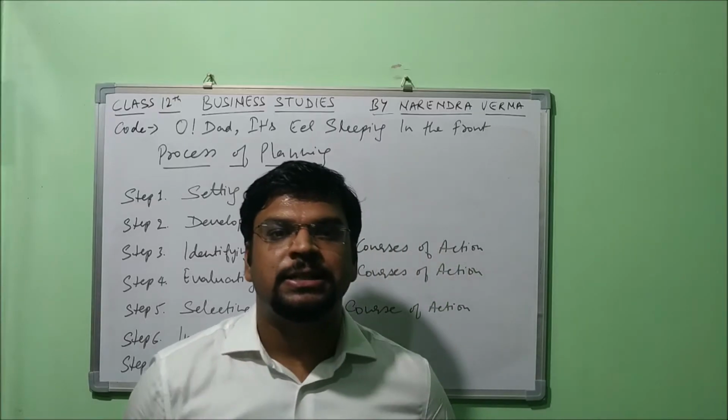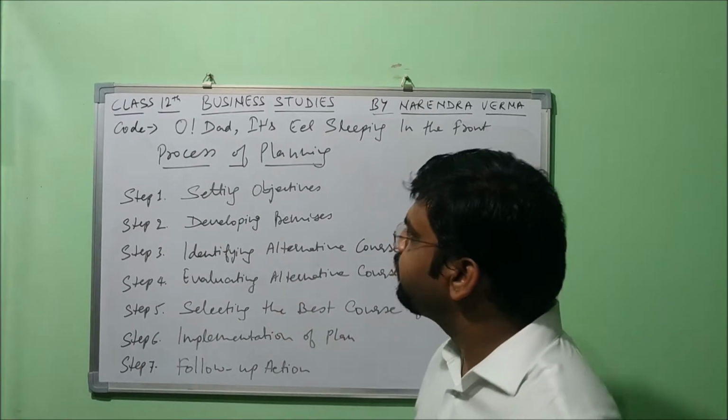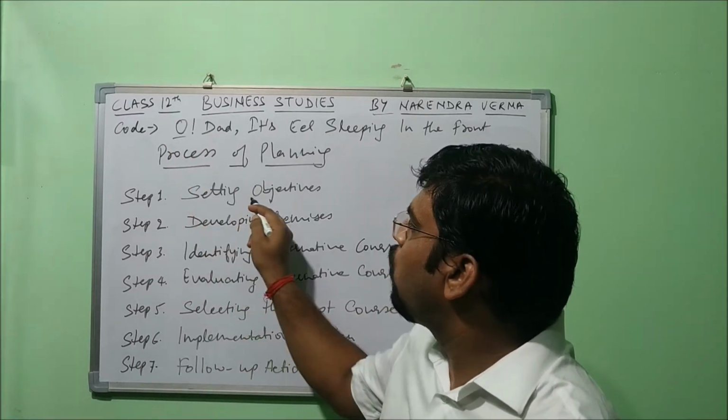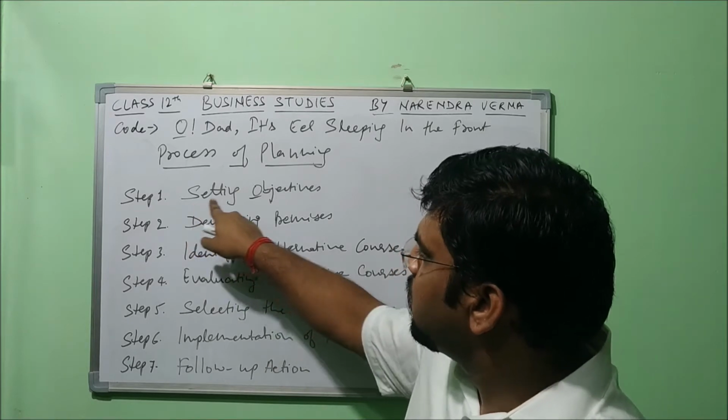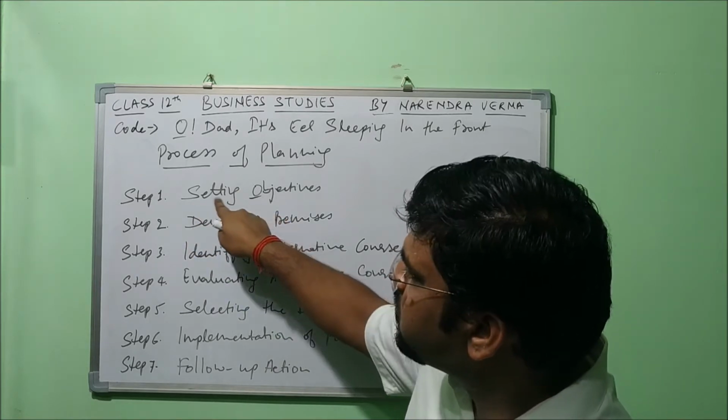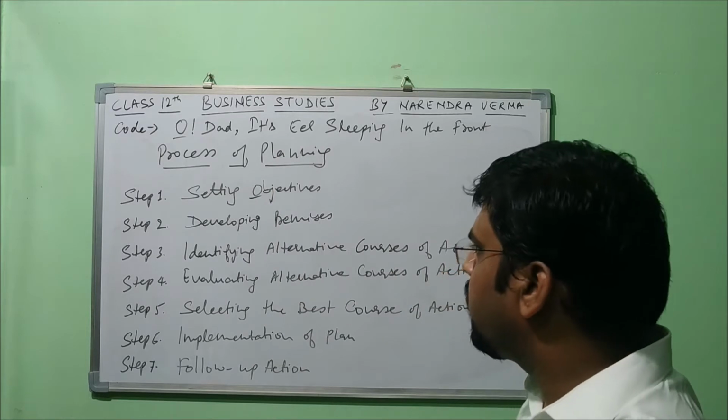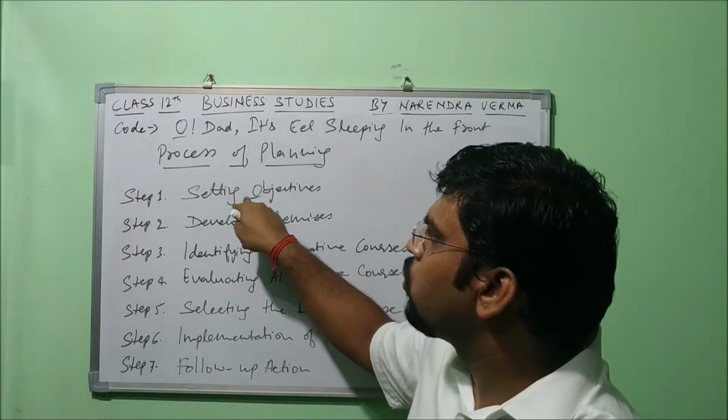So now let's understand how this code is going to work here. O stands for objectives. I did not take S because if you remember this objective, setting you can put on your own. So I have picked O from here.